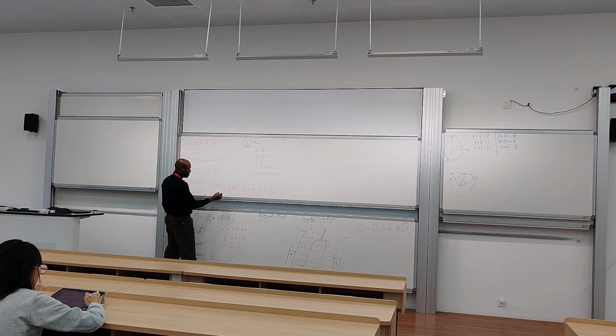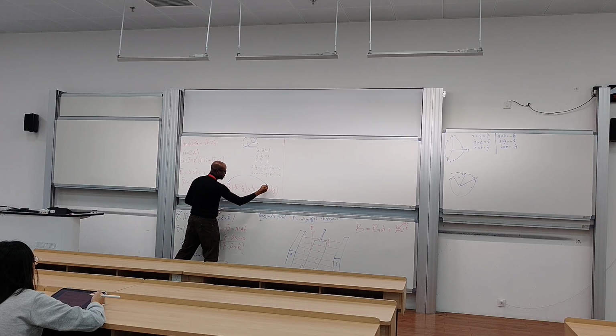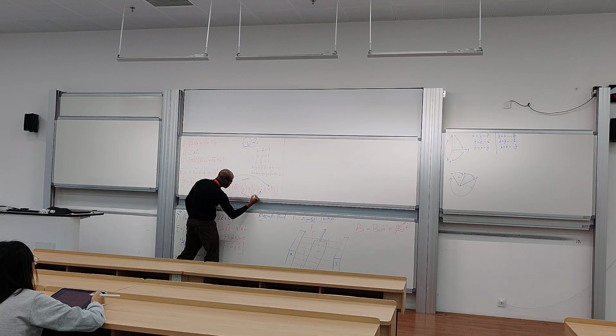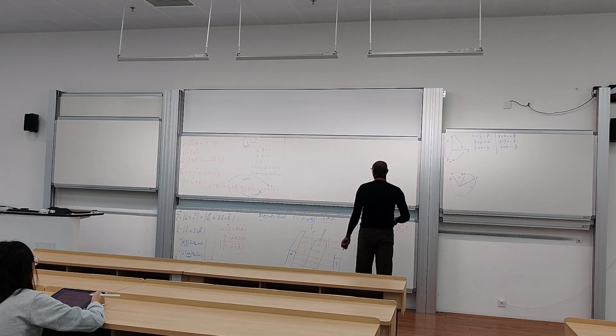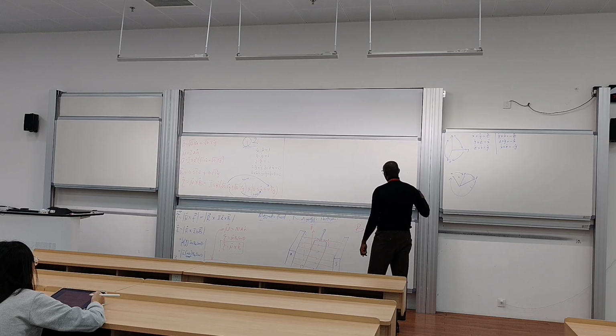That means I only rely on x cross y and y cross x, because x cross x equals 0 and y cross y equals 0. And x cross y is equal to z, and y cross x is equal to minus z.